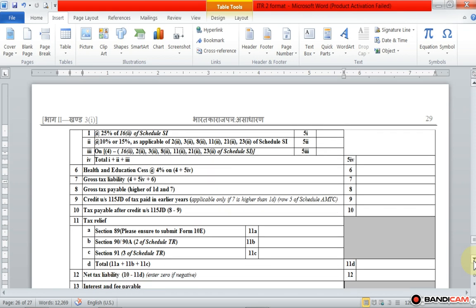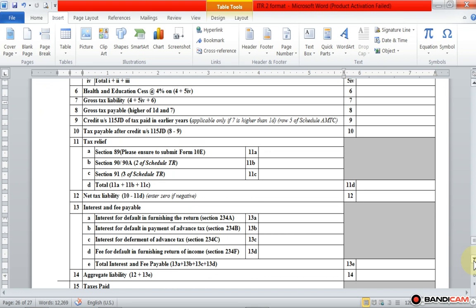Then gross tax payable. Then credit under section 115JD of tax paid in earlier years, put the figure in column 9. Tax payable after credit under section 115JD is 8 minus 9.